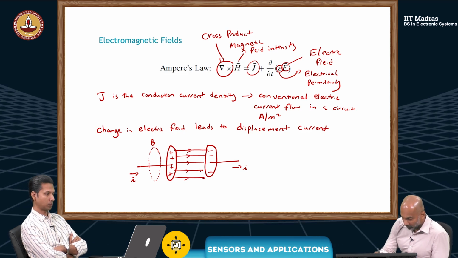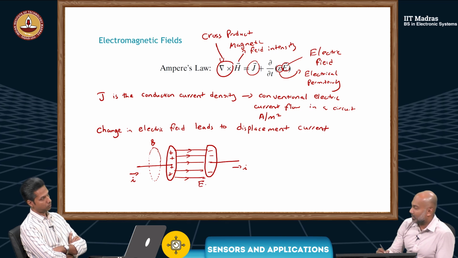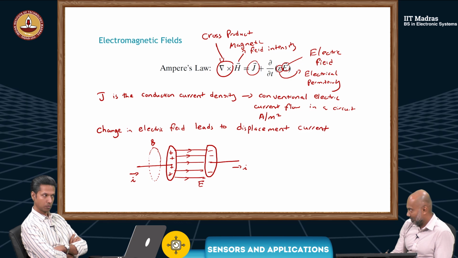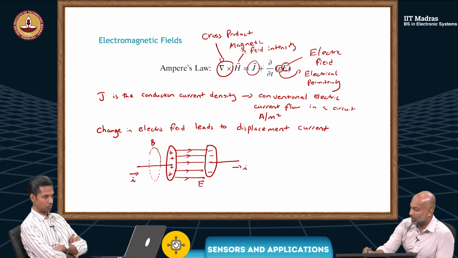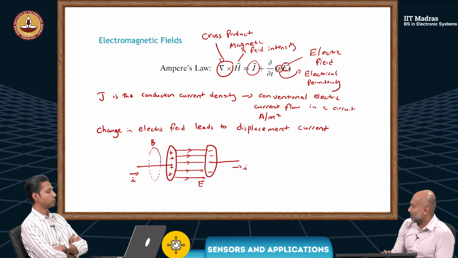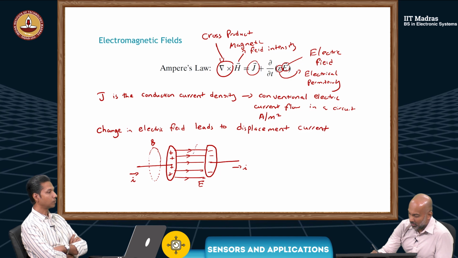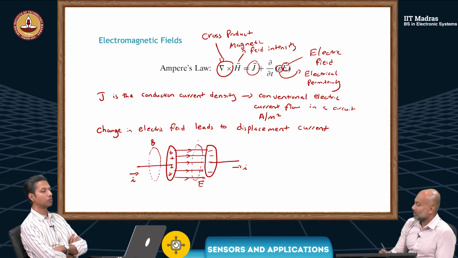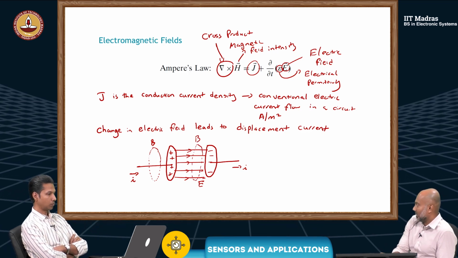Now, this electric field, when you're charging and discharging a capacitor, is changing, right? This change in electric field is what we are referring to here. And that will also create a magnetic field, even though there is no connection here, right?